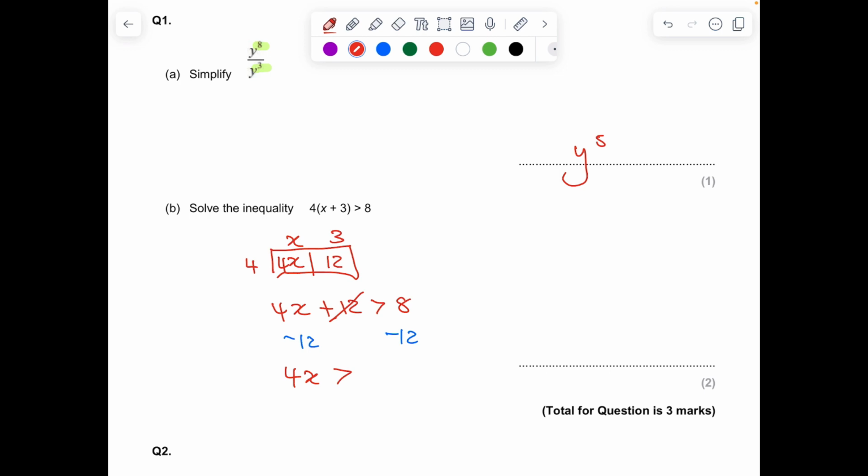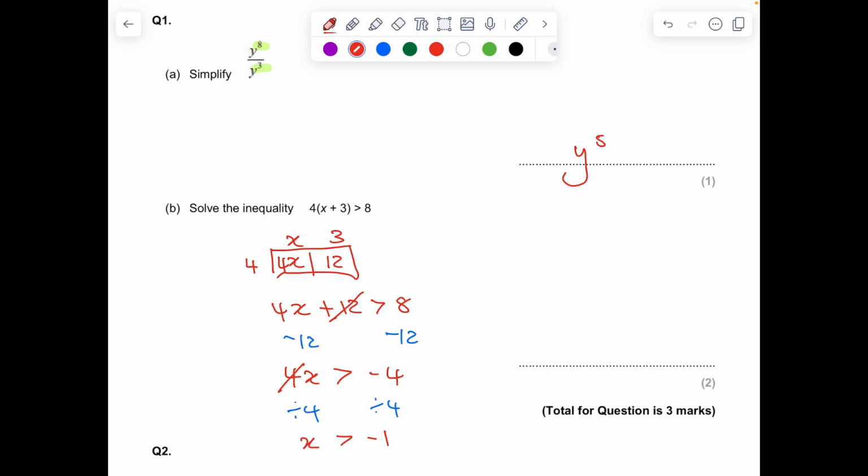So 4x is greater than minus 4. And then we are dividing by 4. Remember, we're dividing by a positive number, so we don't need to change the inequality sign the wrong way round. We can just leave it like this. The divide by 4 gets rid of the times by 4, so you're just left with x is greater than minus 1. And it's as simple as that.